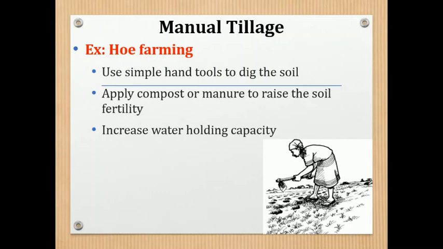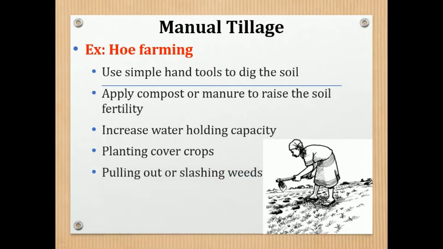This process increases soil water holding capacity, and then they use planting of cover crops, and the manual pulling out and slashing of weeds is done to control weeds. Crop rotation is a prominent practice under this hoe farming, so that they can get rid of weed problems as well as pest and disease problems.